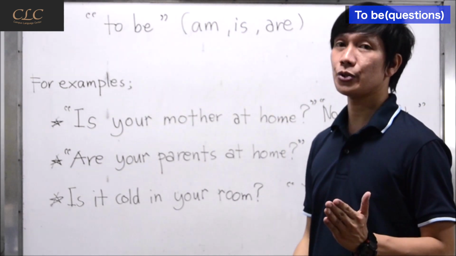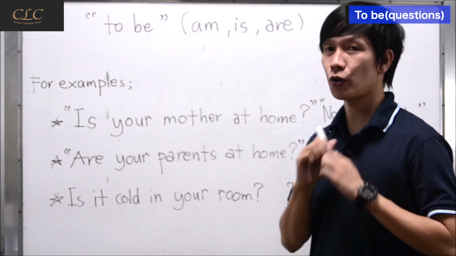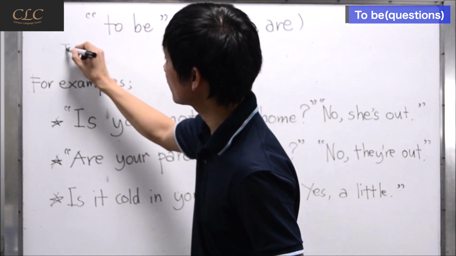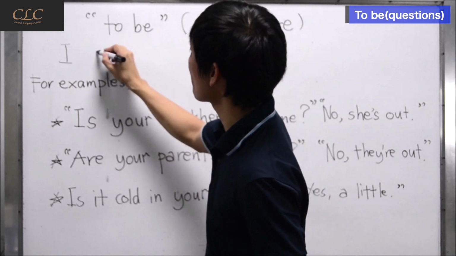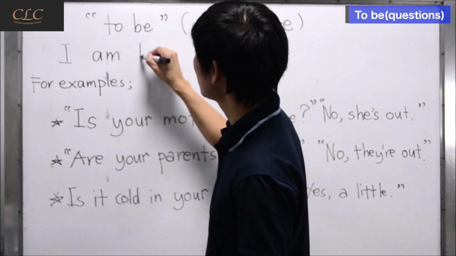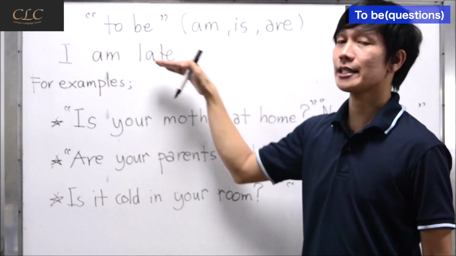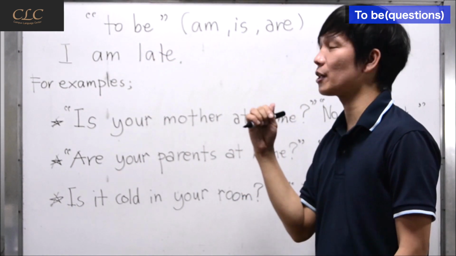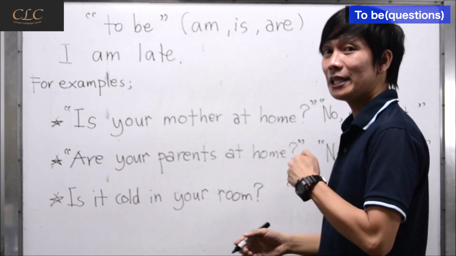So how do we use is, are in questions correctly? Which one you use depends mainly on the subject of the sentence. For example, if the subject is I, then your verb should be am. Let's say, I am late. This is a positive statement. Now, let's change this one into a question. As I said earlier, you should start with the be verb.